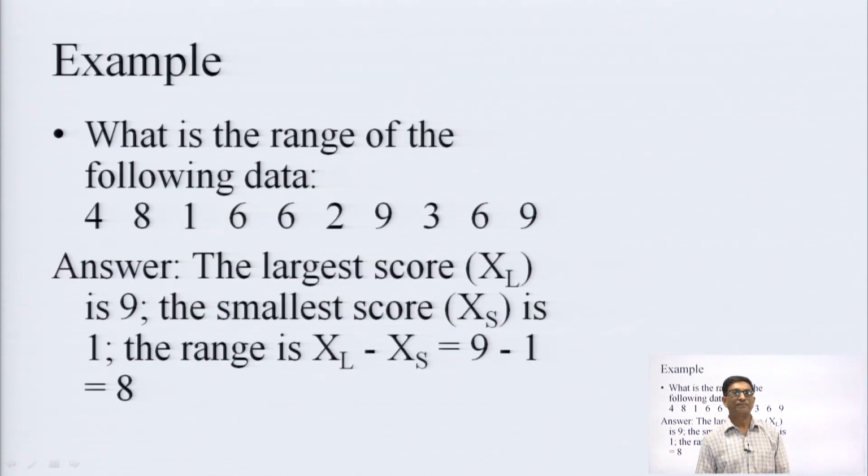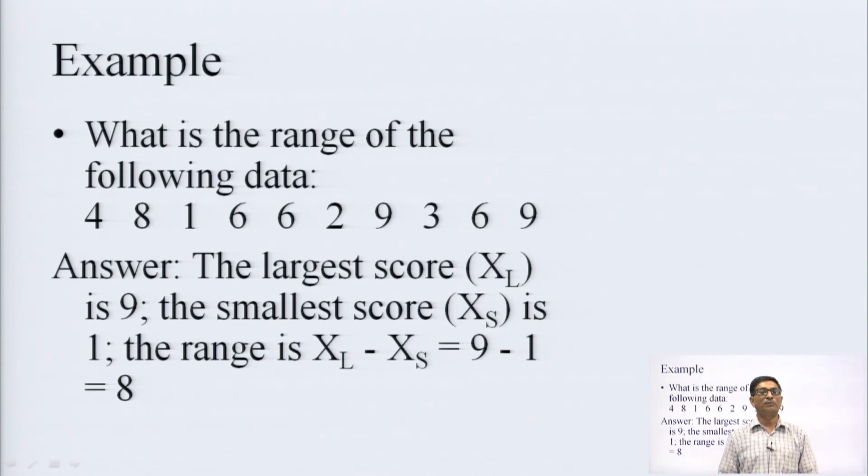For example, we want to calculate the range of the following data. We have these observations: 4, 8, 1, 6, 6, 2, 9, 3, 6 and 9. For example, these could be marks out of 10 obtained by some students, and we want to find the range of this data.